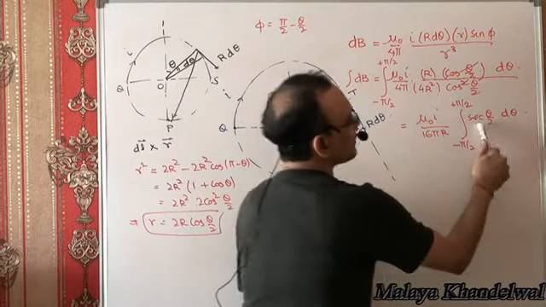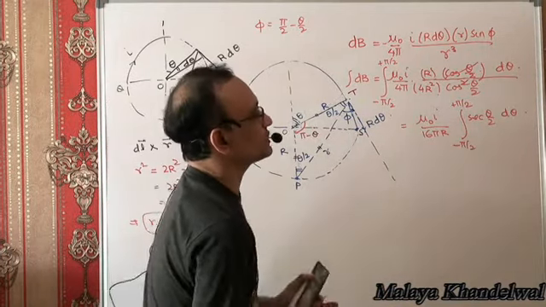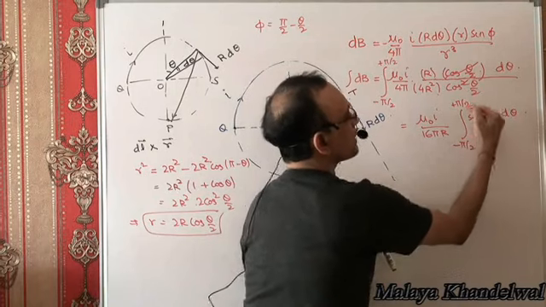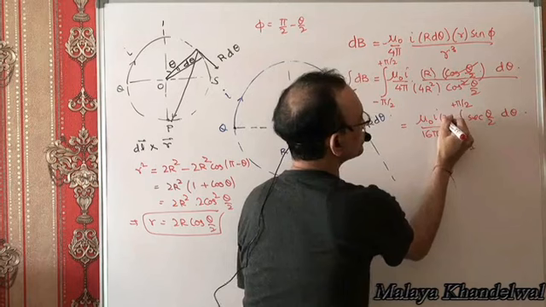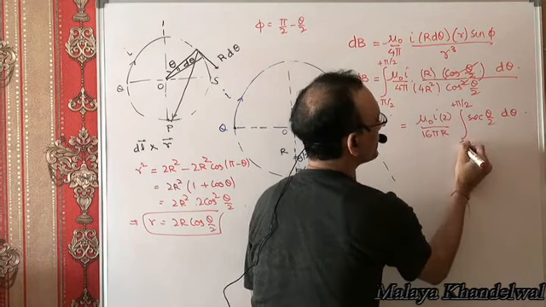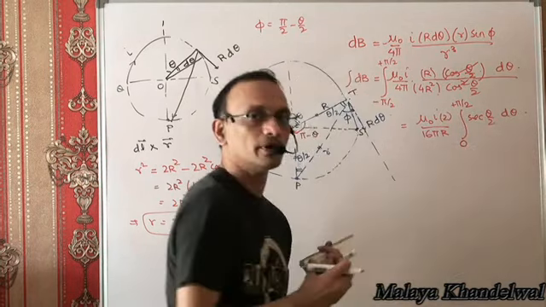Now, sec θ by 2 is an even function. So if it's an even function, minus a to plus a would be twice 0 to a. So into 2, and I can change this to 0 to π by 2.